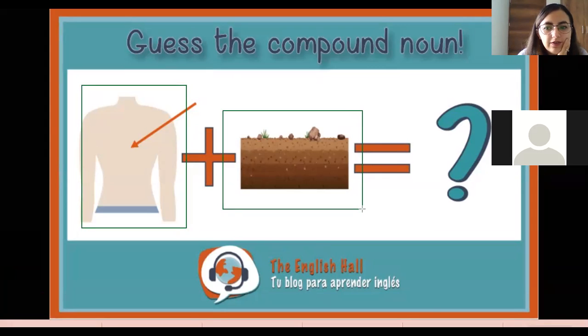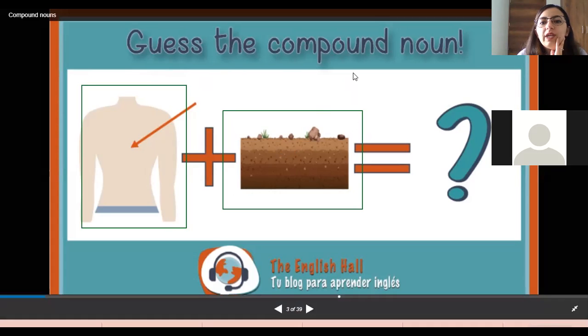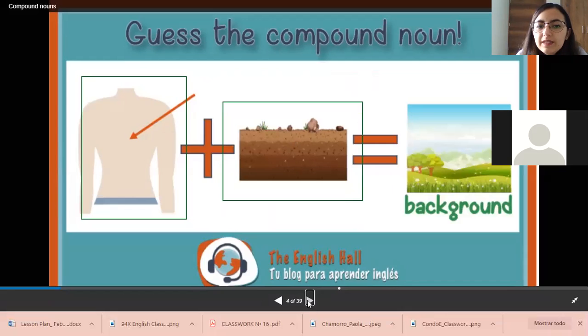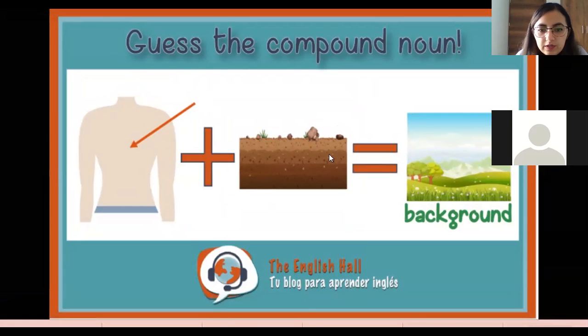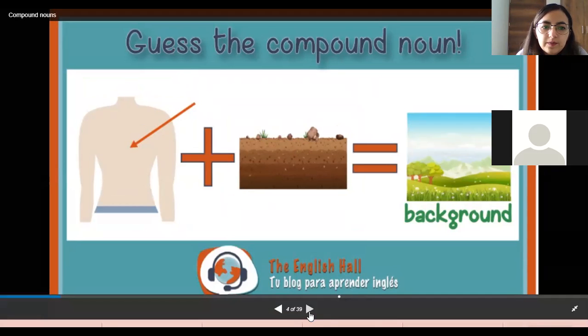Ground. Ground, nos dicen, very good. It's a kind of land, right? It's el suelo, ¿verdad? So let's see what we have as a result. Yes, we have the background. We have the background. Very good. So we have here some compound words, words made by two or more different words. Let's continue with the next.